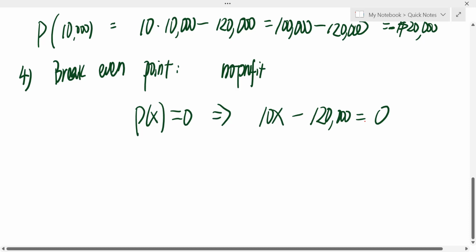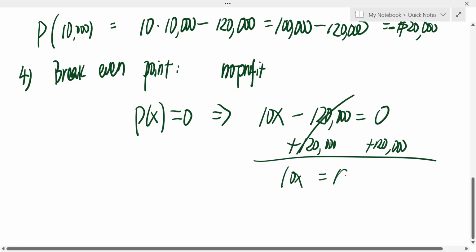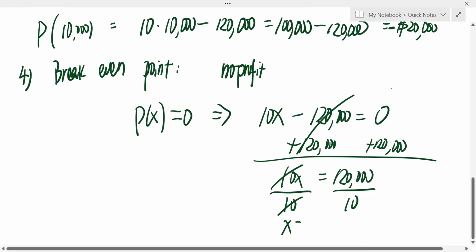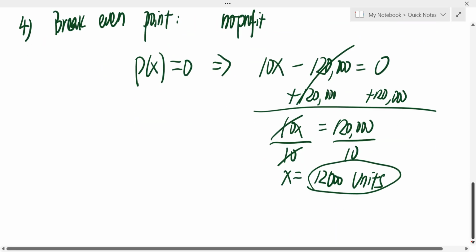We solve for x. Adding 120,000 first on both sides of the equation, so 10x equal to 120,000. Now dividing by 10 on both sides of the equation. So the break-even production level is 12,000 units needed to be produced and sold to break even.